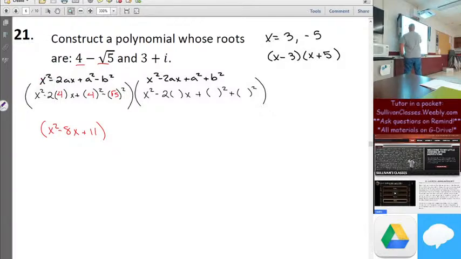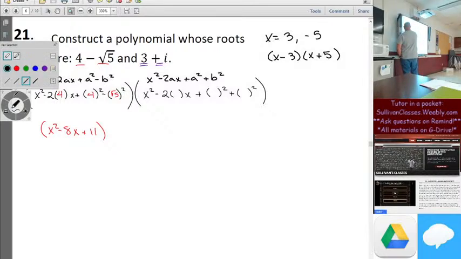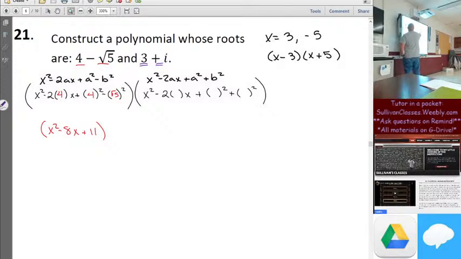This one, there's an a, and remember that the b is always what's in front of the i, not the i itself. The i is taken care of in the formula. So I'll put a 3 here, a 3 here, a 1 here. Getting x squared minus 6x, 9 plus 1 is 10.